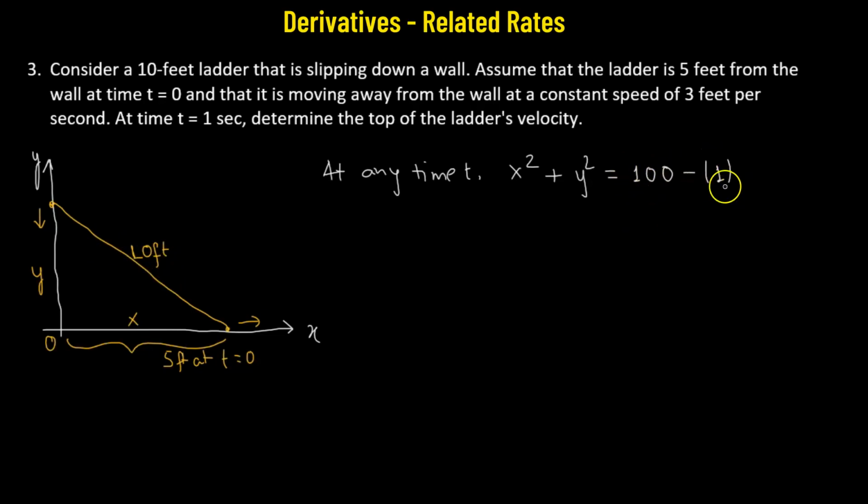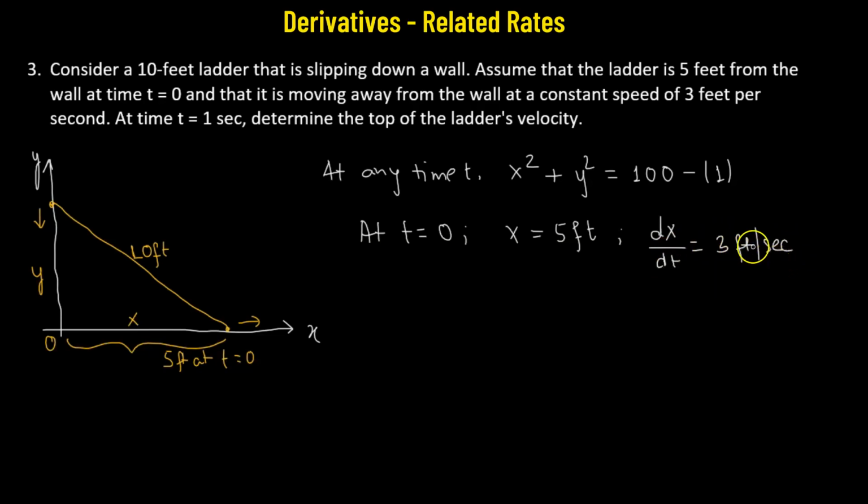Let's call it equation number 1. Also it is given that at time t equals 0, x is 5 feet, and it is slipping at the rate of dx over dt equals 3 feet per second.